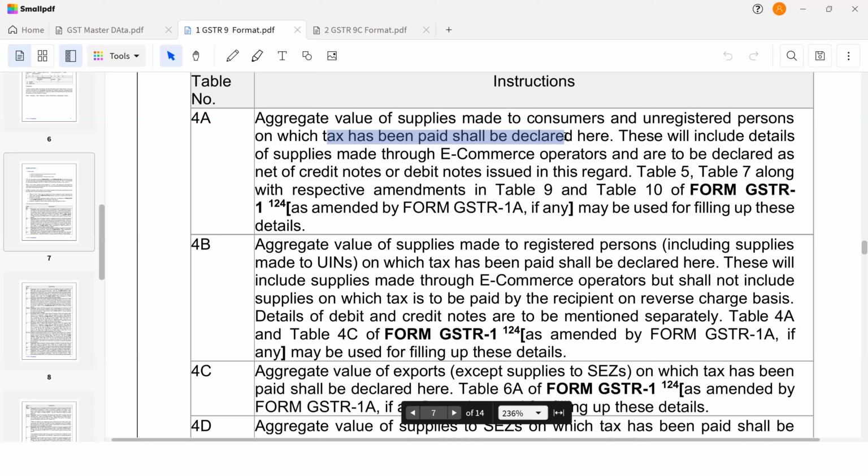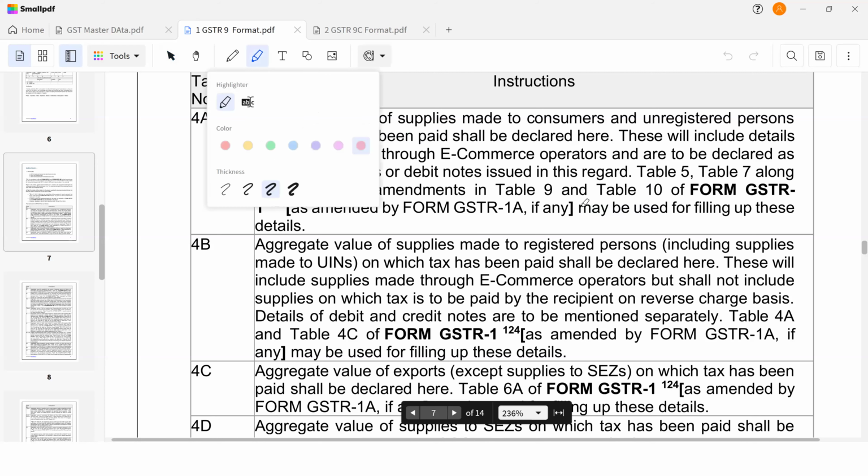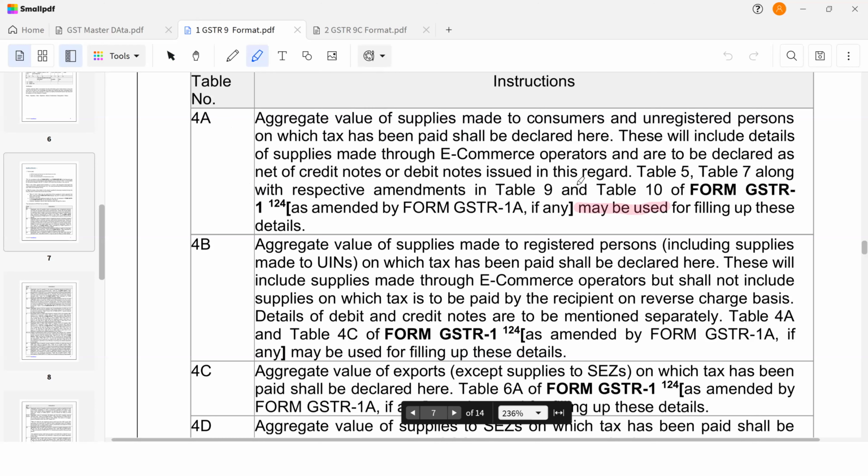However, for the purpose of reporting, we may use the values that are reported. So any of the tables of 110 may be used for filing. R1 tables may be used for filing. All right. But what has to be reported is only when the tax has been paid. If the tax is not paid, it cannot form part of R9.